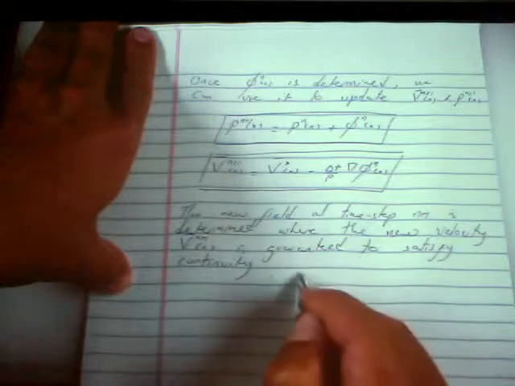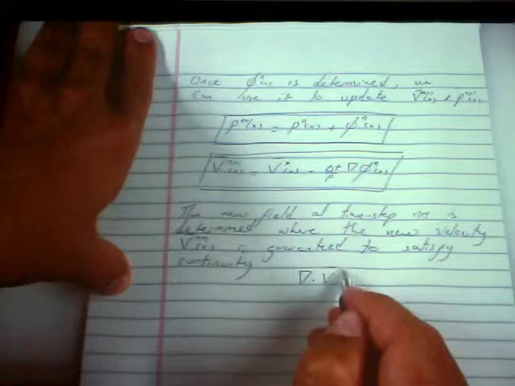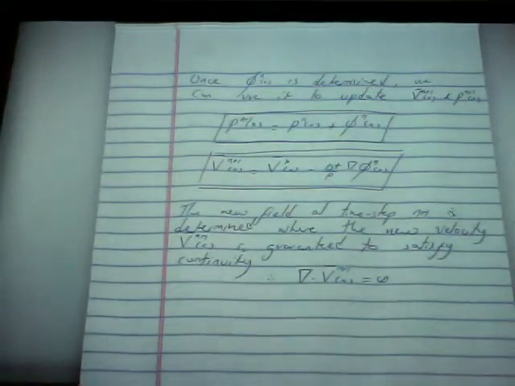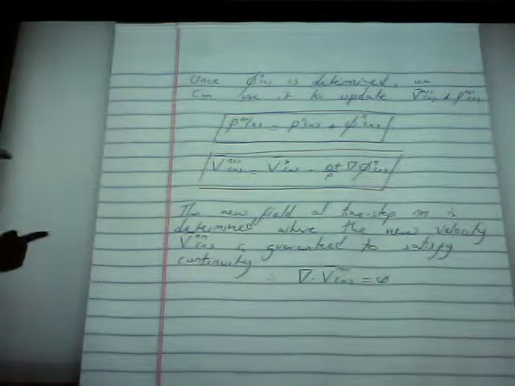That is, the divergency of v is equal to 0 because that's what we set up. That's how we arrived at the Poisson equation, by enforcing that.